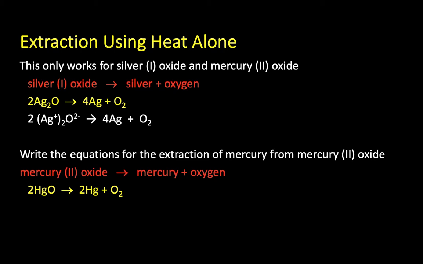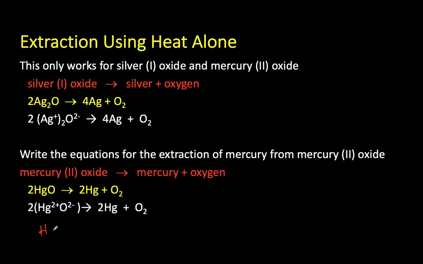What we would then do is take our mercury oxide as an ionic compound and use its ionic formula, which is Hg2+ O2-. We would then focus purely on the metal again. This time it's mercury. Like the silver, it is being reduced.